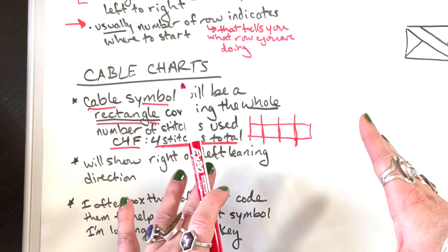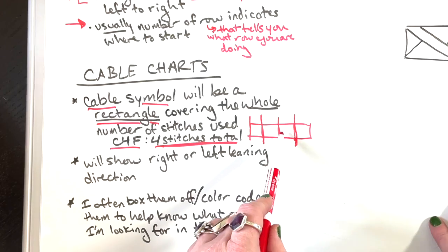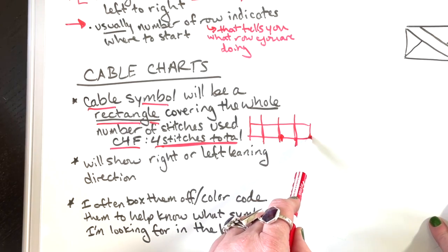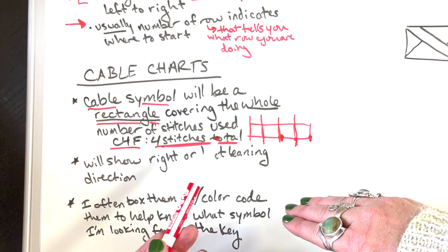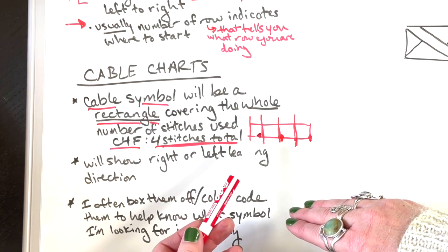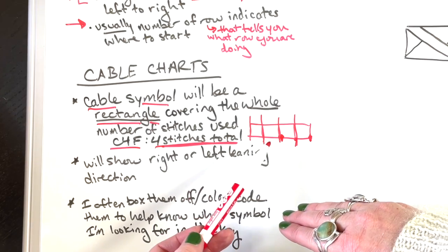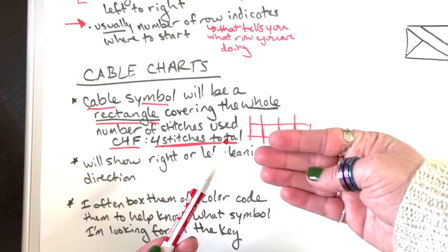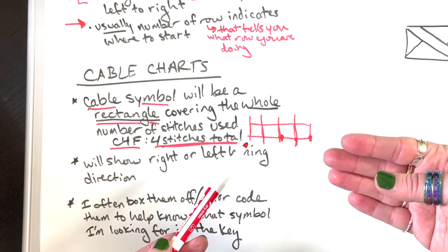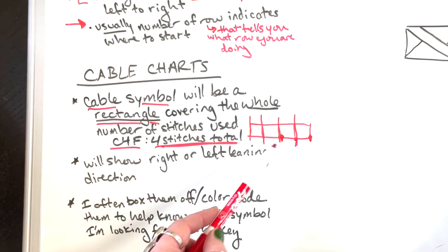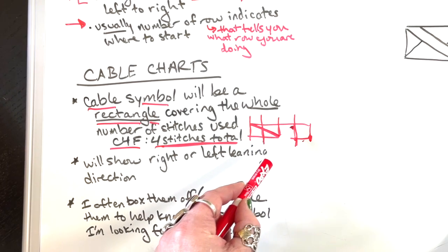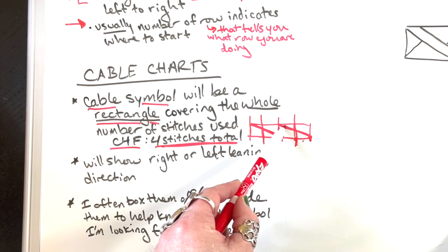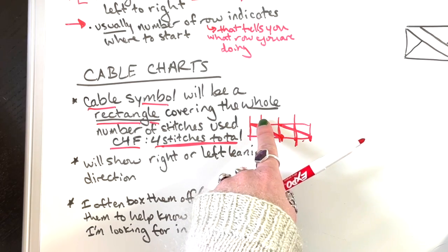C4F is you're going to divide your cable in half. So you're going to have 2 stitches over here that you're going to put on your cable needle and hold in front, and then knit the other 2 stitches still on your regular needle, and then lift up your cable needle and knit those off. What will happen is these 2 stitches will end up being in front, and they will cross places.